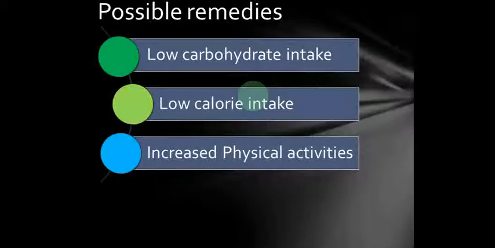Perhaps this is the most important thing that you should start with. As soon as you increase your physical activity, the calories and the fat inside your body are burnt and turned into energy, and that energy is used, so there's no probability of deposition of extra fat in your body.